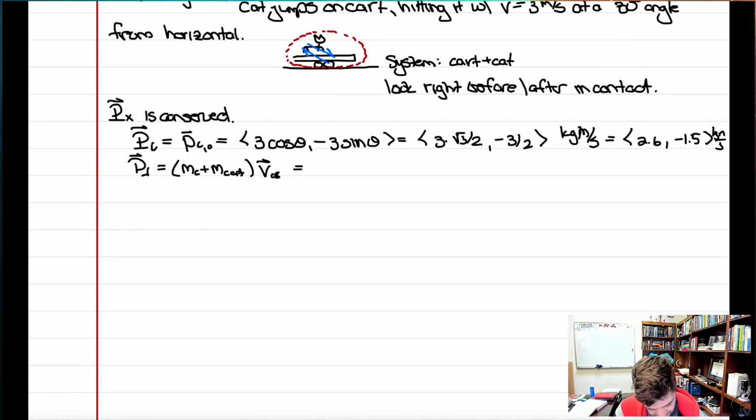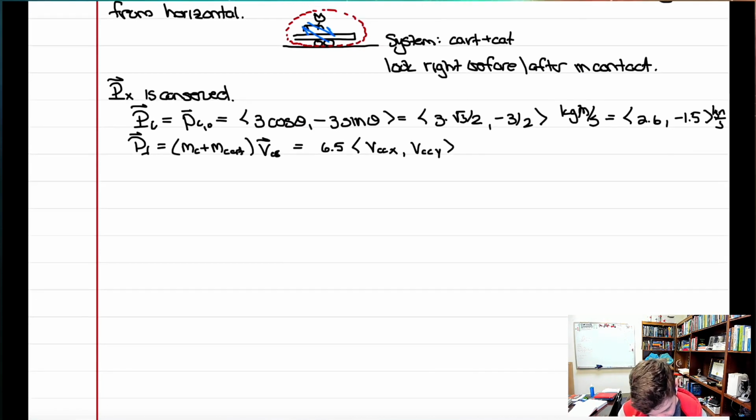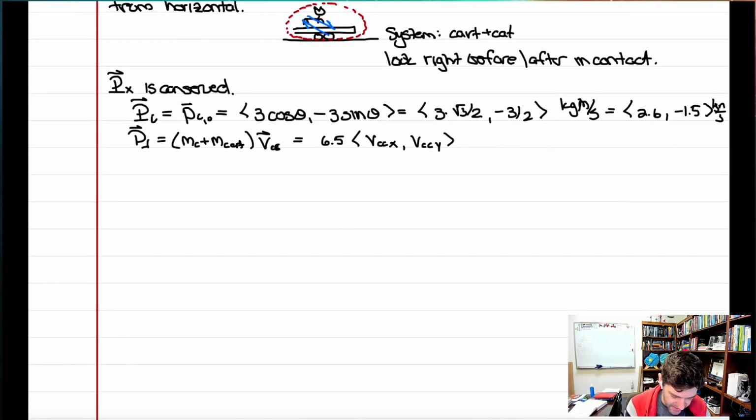What did I say the masses were? 4.5 and 2, so about 6.5 kilograms, multiplied by whatever the cat-cart velocity is in the x direction, and then the cat-cart velocity in the y direction. But we can only really apply conservation in the horizontal direction. So I can't say anything about the vertical direction, other than I know the constraint is going to make the vertical velocity 0.